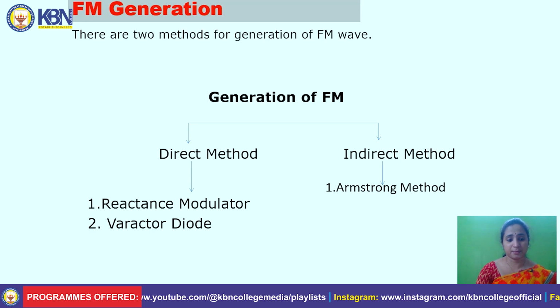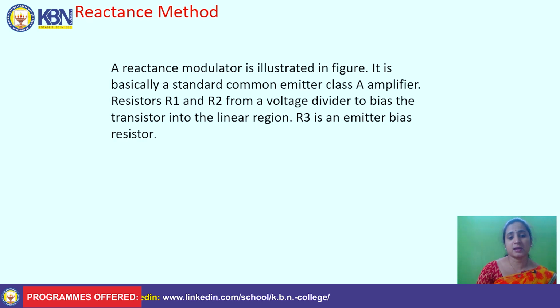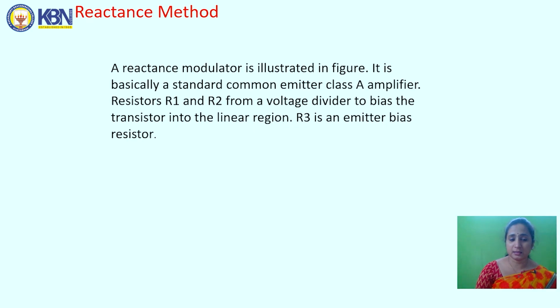Now let's see the reactance modulator, illustrated in the figure. It is basically a common emitter class A amplifier, where resistors R1 and R2 form a voltage divider to bias the transistor into the linear region. So the reactance modulator is constructed using amplifiers, resistors and transistors.